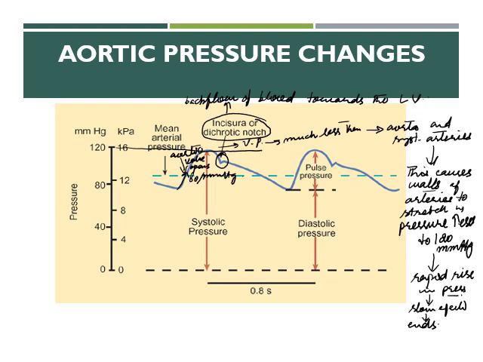When the aortic valve closes, the pressure again starts decreasing and it again becomes 80 mm of mercury.